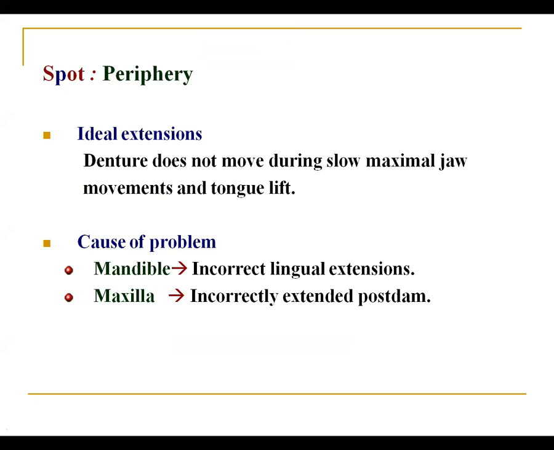But during finishing and polishing, there is a chance that we trimmed excess border, and because of that there will be a problem of peripheral seal. So we have to check your extensions.